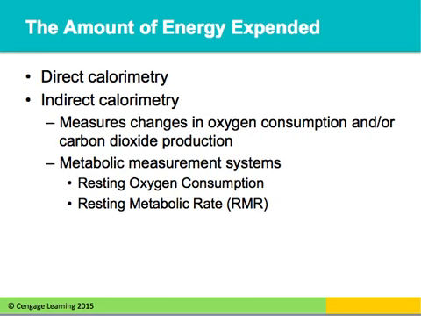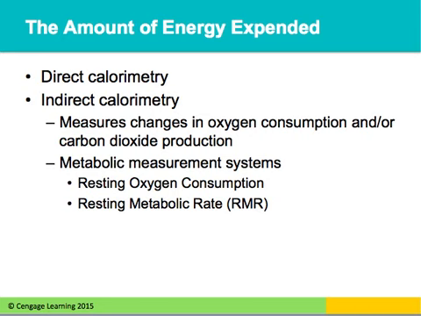Indirect calorimetry is used to measure the changes in oxygen consumption and/or carbon dioxide production. Direct calorimetry is going to be more reliable, more accurate than indirect calorimetry. An example of direct calorimetry is the bomb calorimeter.